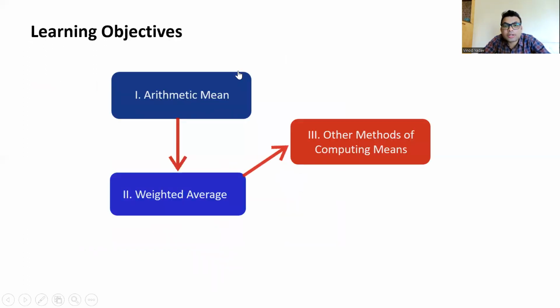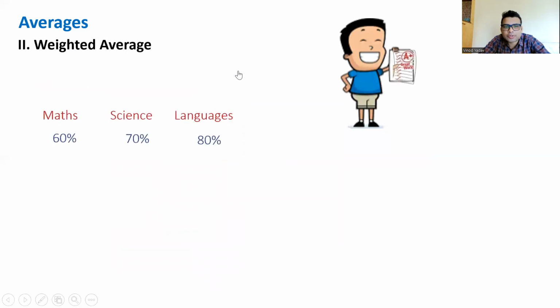Let's go ahead to the next topic, that is weighted average. Suppose somebody tells you a student scored 60% in maths, 70% in science, and in languages that student scored 80%. So what is the average score overall? Will you just add all of them and divide by 3? This should be valid only if all three subjects have the same base.